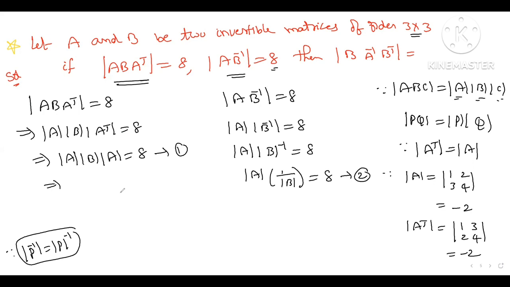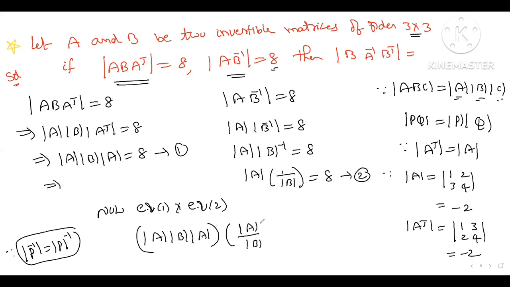Now multiplying equation 1 and equation 2, our target is det A, det B values. Multiplying equation 1 and equation 2, what we get here? Det A into det B into det A into det A by det B is equal to 8 into 8. Here det B gets cancelled.